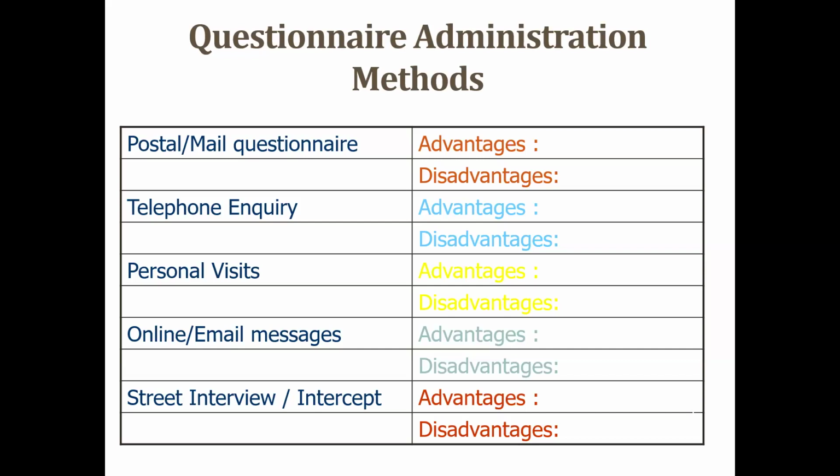And it also implies that you need to be making follow-ups because they may have not received the questionnaire by post. It may be lying in the post, especially in Ghana here where we have post boxes at the post office, that we only attend to when we are expecting a mail.